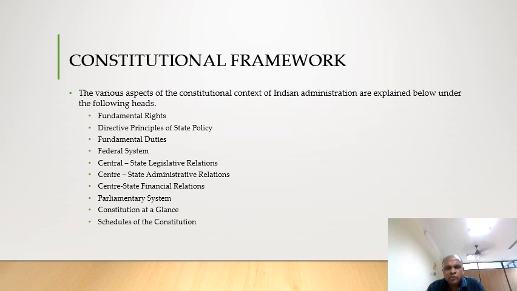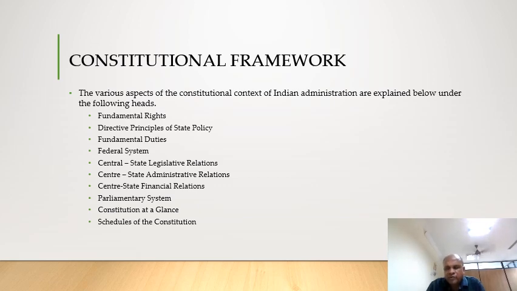Also, the Indian Constitution is a federal system, because we have one central government and many state governments. So it is called a federal system. India is called a quasi-federal system. Even though we follow a federal system, India follows a quasi-federal system. And then we have followed a parliamentary type of system, that means our legislature has Lok Sabha and Rajya Sabha.